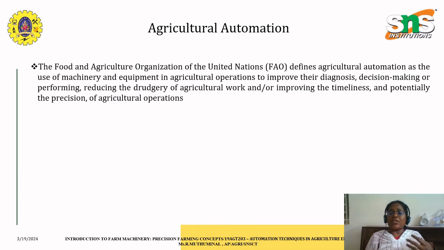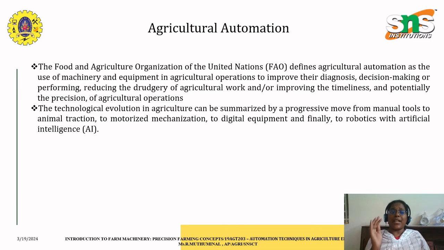Agricultural automation is addressed by the Food and Agriculture Organization of the United Nations, which describes the use of machinery and equipment in agricultural operations to improve diagnosis, decision making and performance, reduce the drudgery of agricultural work, and improve the timeliness and potentially the precision of agricultural operations.